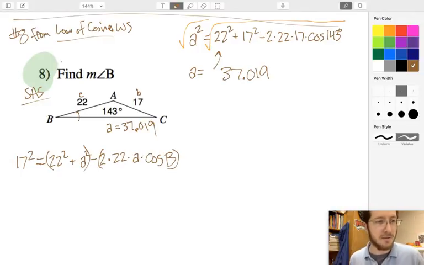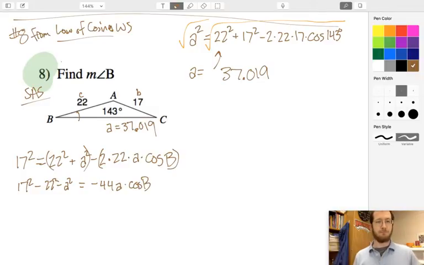Okay, so I'm going to do 17 squared minus 22 squared minus A squared. That's going to be equal to negative 44A cosine of B. All right, I want to get that cosine of B by itself, so I'm going to divide both sides by that coefficient, negative 44A.